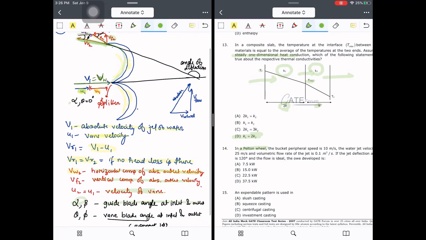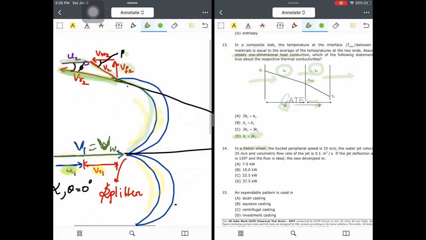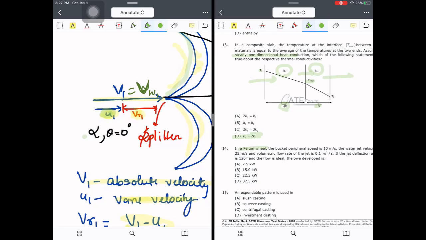Now you will find alpha and beta angles. These are the guide angles at the inlet and outlet. Alpha and beta are the angles of the absolute velocity of the jet at inlet and outlet with respect to the whirl velocity.